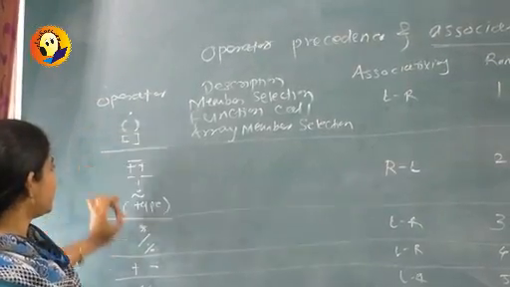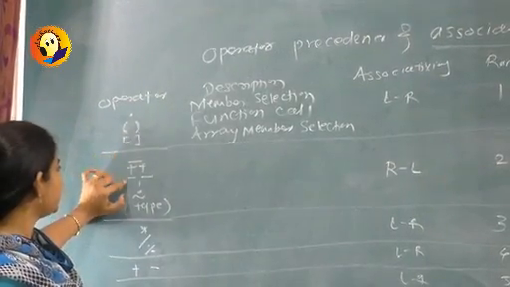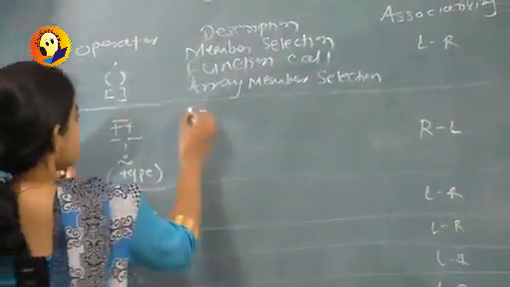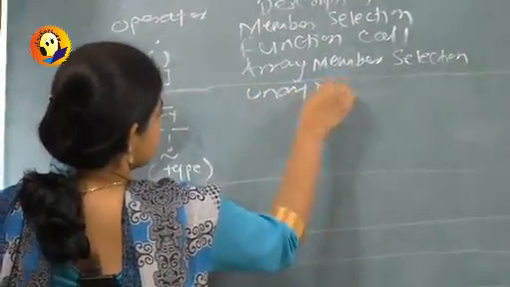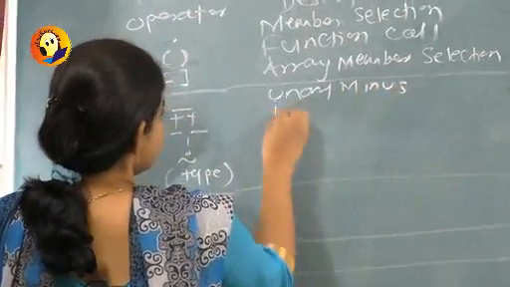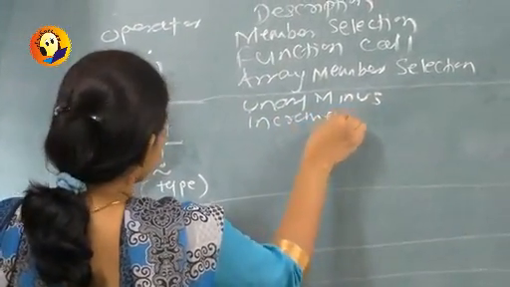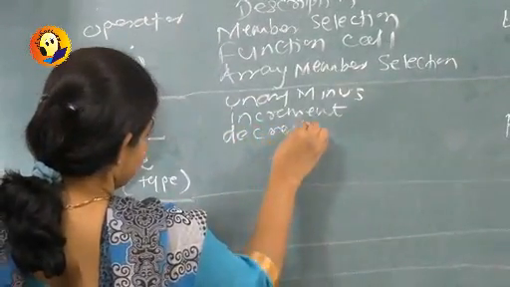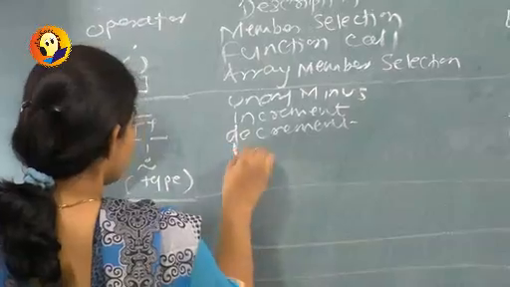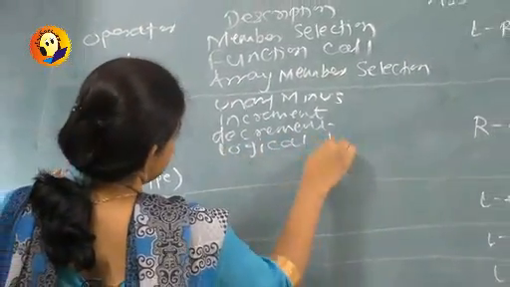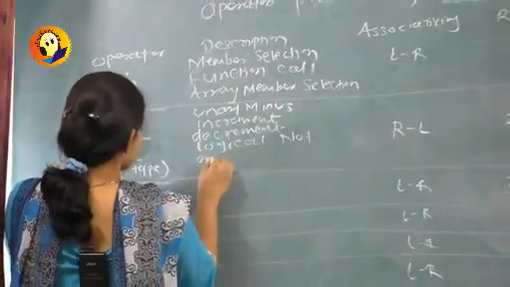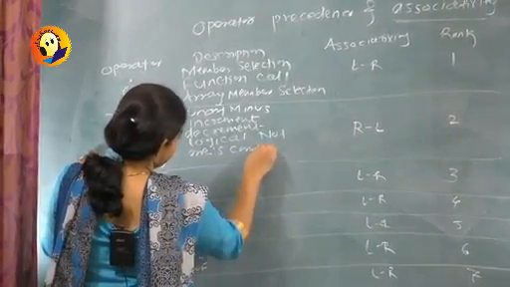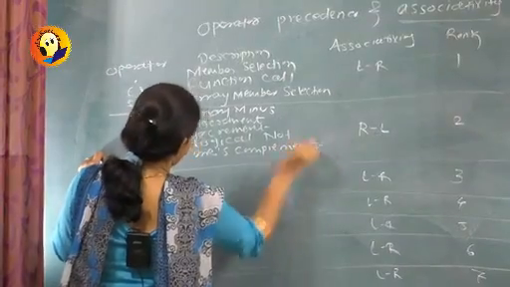Next operators are unary minus, increment, decrement, logical not, ones complement and typecasting. First operator is unary minus, second one is increment operator, third one is decrement operator, after that logical not operator, after that ones complement and typecasting operator.